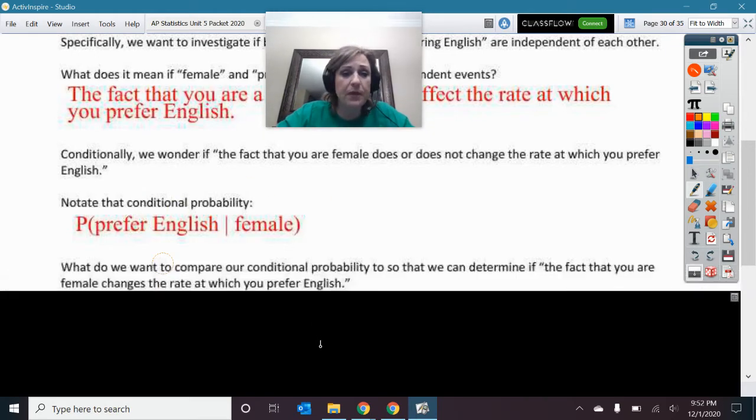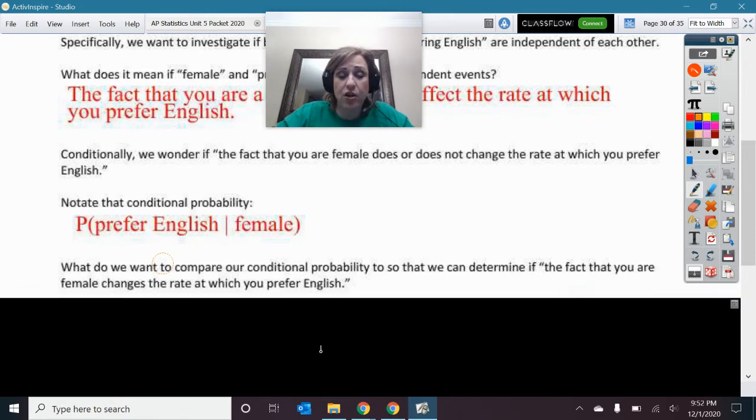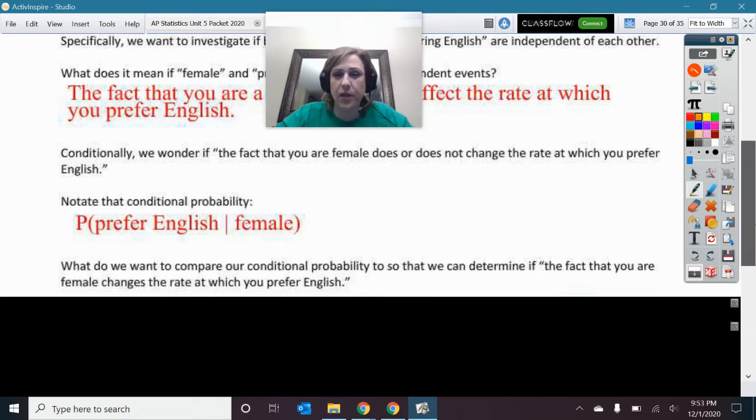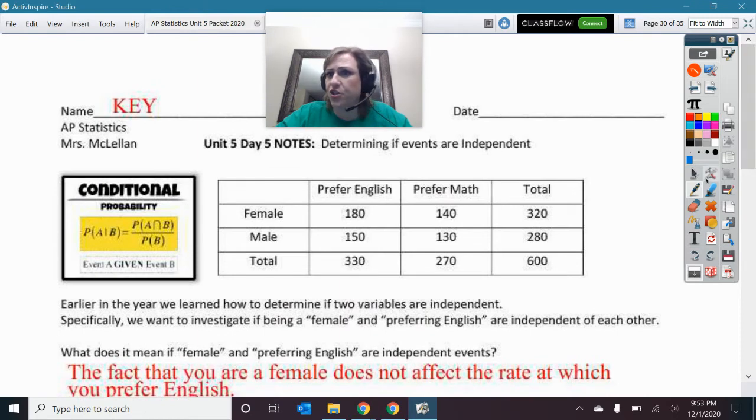So if we then think about it, to check for independence, what should we compare this to, to see if the rate has changed? Okay, so let's think back to earlier in the year. Do you remember when we would go through that stress of which way do we do our arrows, that kind of thing? So we said, okay, what's our explanatory variable here?